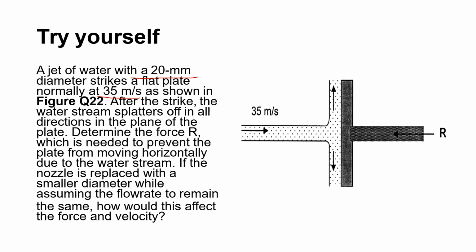So we need to determine the force R, which is needed to prevent the plate from moving horizontally due to the water stream if the nozzle is replaced with a smaller diameter, while assuming the flow rate remains the same. How would this affect the force and velocity? This one you need to answer in sentence when the size is different. So we need to determine the R. R is negative F equals to R.